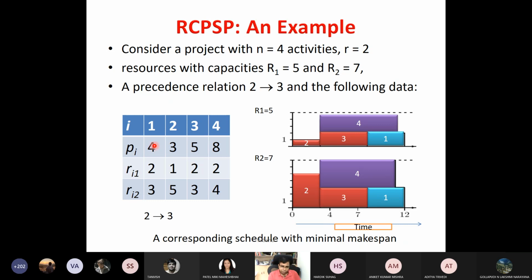So to execute the first task, P1, it requires 4 time units, and during that time we require 2 resources from R1 and 3 resources from R2. Very roughly, suppose you are doing building work.